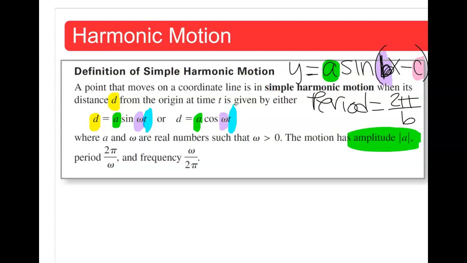If b was larger than 1, we were supposed to have a horizontal compression, which will make the graph from a parent function like that, b greater than 1, be horizontally compressed, something like this.